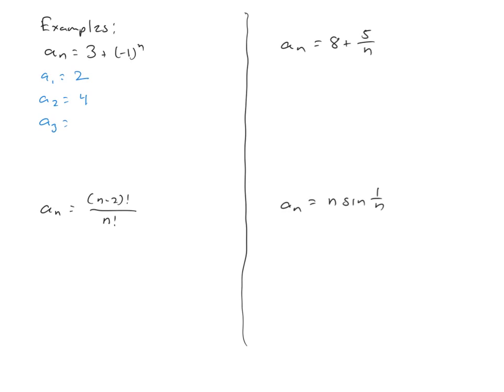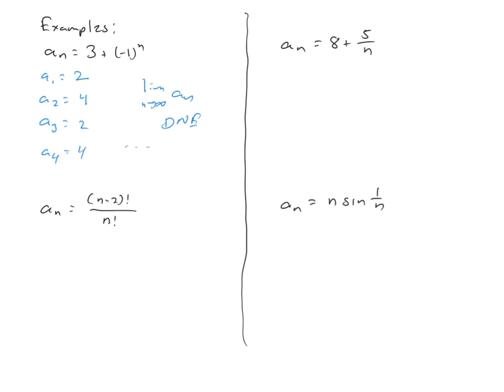A sub 3 is 3 minus 1, so I get 2. A sub 4 is equal to 4, and so forth. This is just going to continually go between 2 and 4. So in this case, the limit as n approaches infinity of a sub n does not exist, because we're not going towards one particular value. We're oscillating between two.